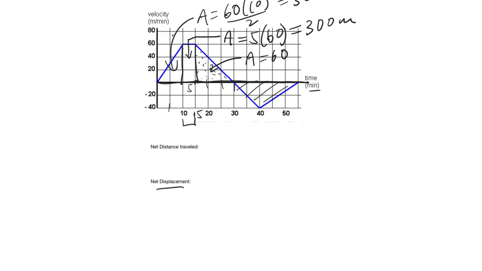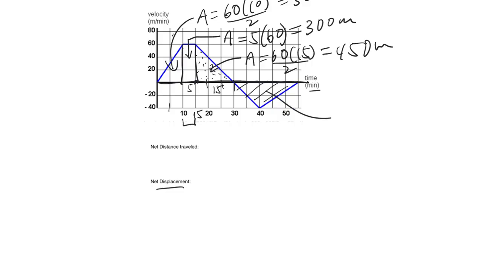Each one is 5, so that's 15. So 60 times 15 divided by 2 because it's a triangle. So 30 times 15 equals 450.